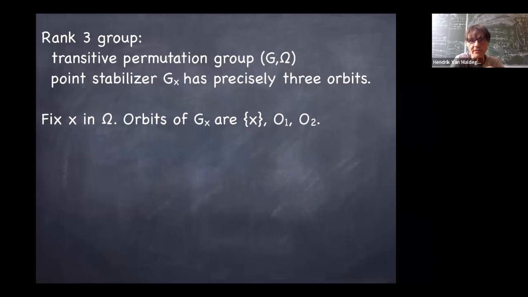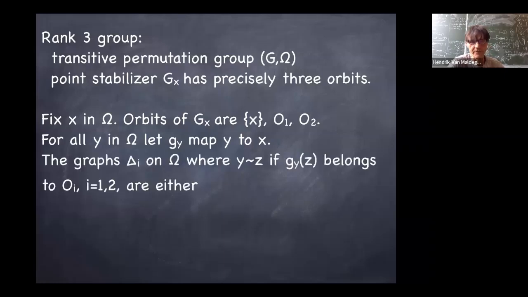There's also a definition with orbitals, but one has to choose the definition here. So for all elements y in omega, you choose arbitrarily an element g_y of G that maps y to x.